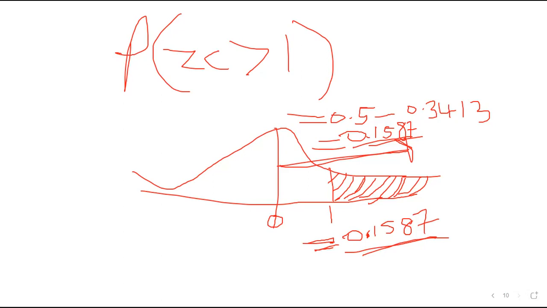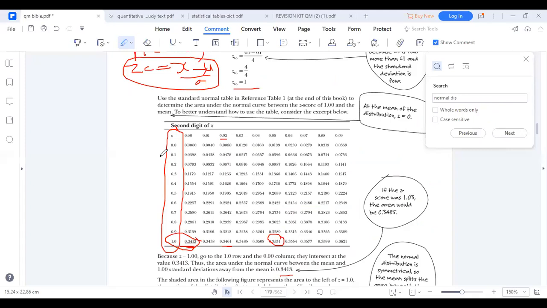Okay, so the tables are here. I want somebody to explain to me or find out the answer for me, especially when we have the Z value.